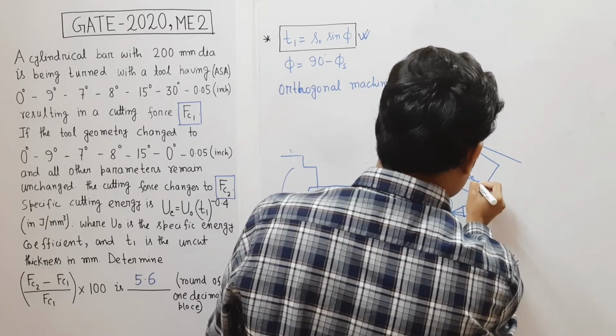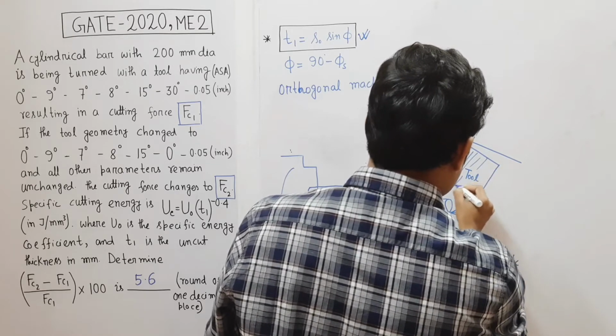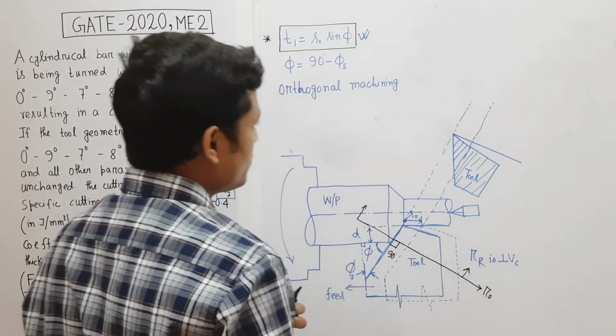So this becomes my tool's cross section. So this is my tool.